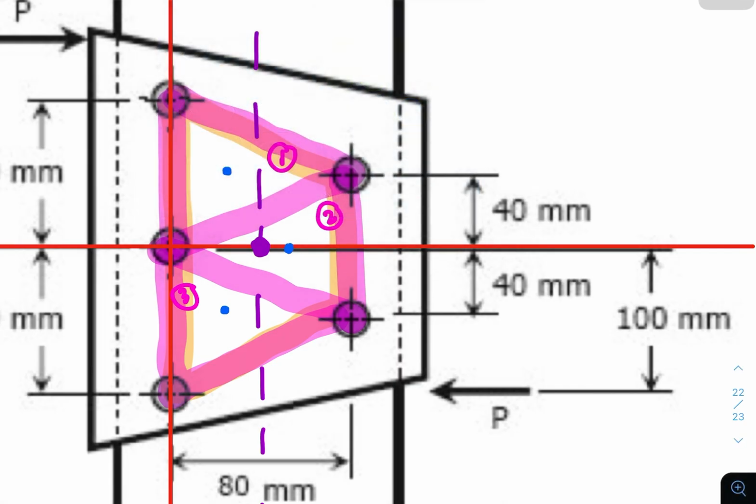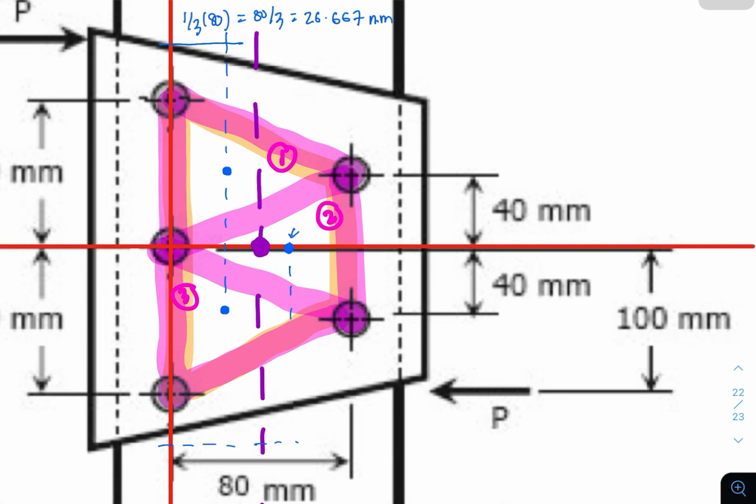So this one is 1/3 of its height, which is 80, and that gives us a value of 80 over 3, or 26.667 mm.